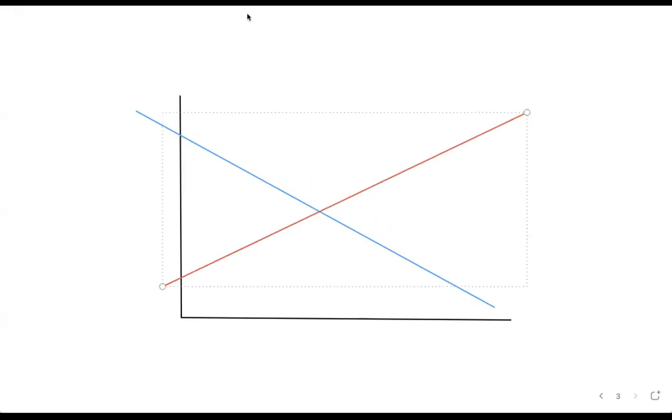So in this case, we have a downward sloping line, right? And we have an upward sloping line. And what we're trying to figure out is the value of the point at which they intersect.